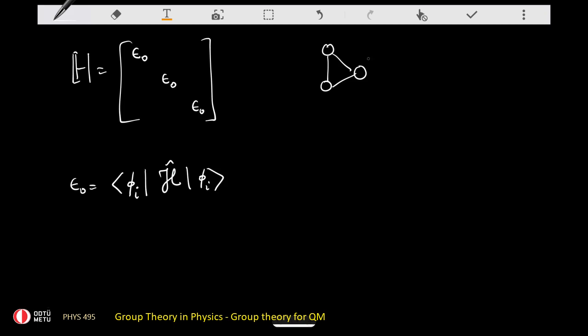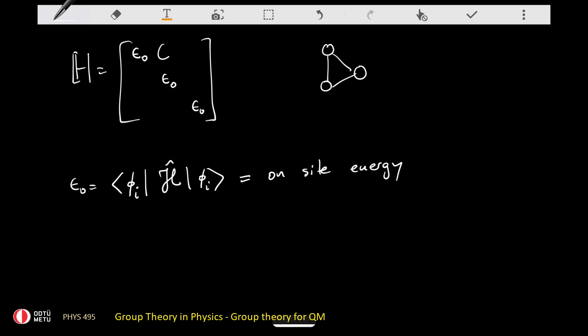It doesn't matter whether I choose the orbital on this atom, on that atom, or on the other one. By symmetry, of course, they should all give the same numerical value. Probably without using group theory it's wrong for me to state this, but that's something you can easily understand. These are called on-site energies.